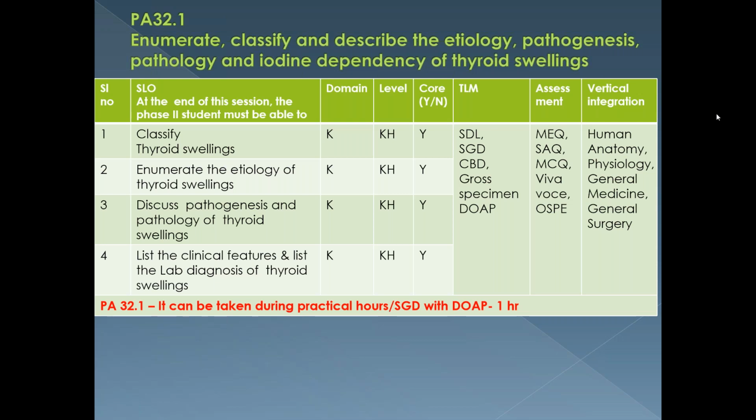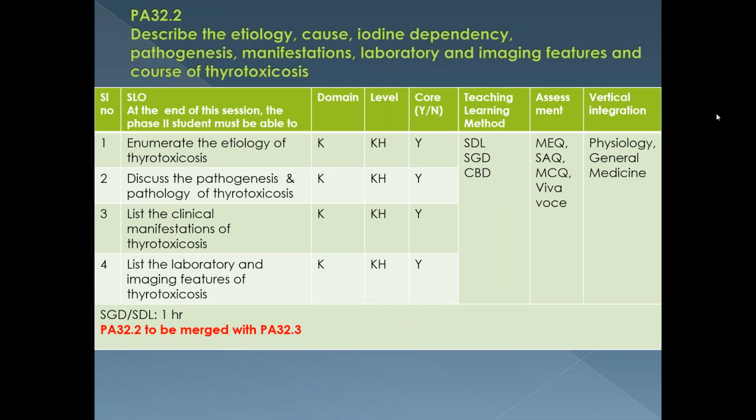So next, going on to the second competency, which we have merged with the third competency. So let's go with this. Describe the etiology, cause, dependency, pathogenesis, manifestations, lab and imaging features, and course of thyrotoxicosis.